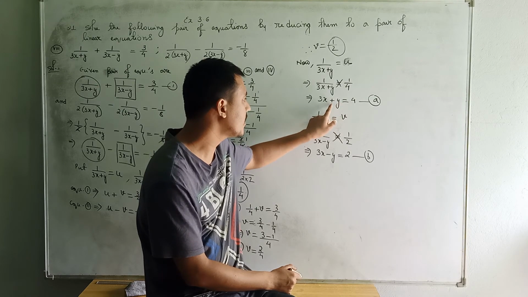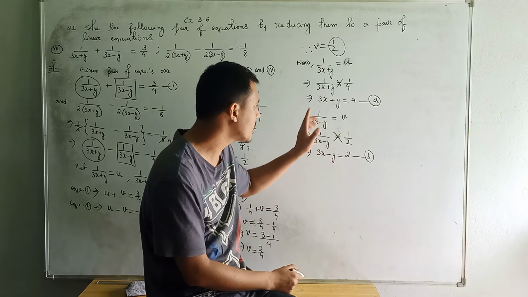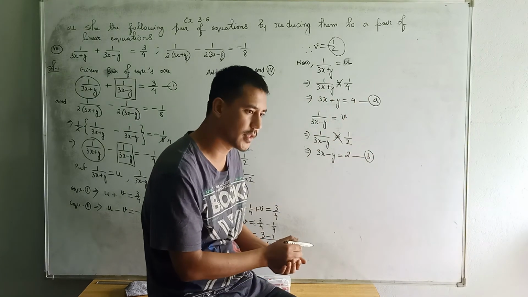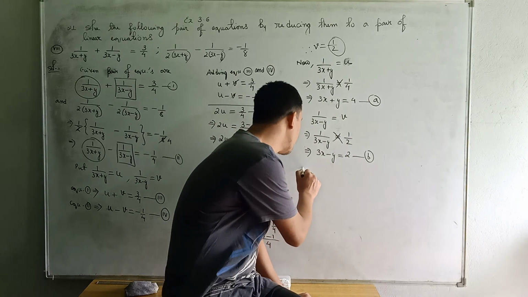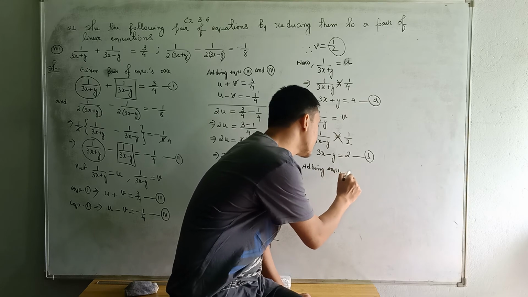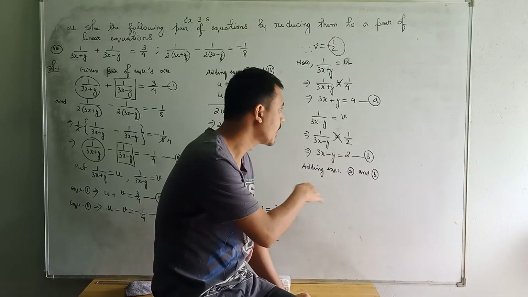This term containing y is positive, this term containing y is negative. The terms containing y have opposite sign in these equations. Opposite sign means we will add the equations, right? So adding equations A and B. Okay, we are at the climax now.